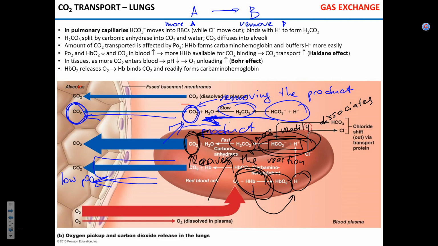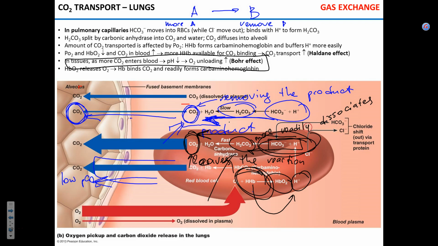Okay? So basically, the processes in the tissues and the processes in the lungs are the opposite. In the tissues, elevated CO2 and elevated hydrogen ion concentration push the oxygen off hemoglobin, what we call the Bohr effect. Does that make sense?